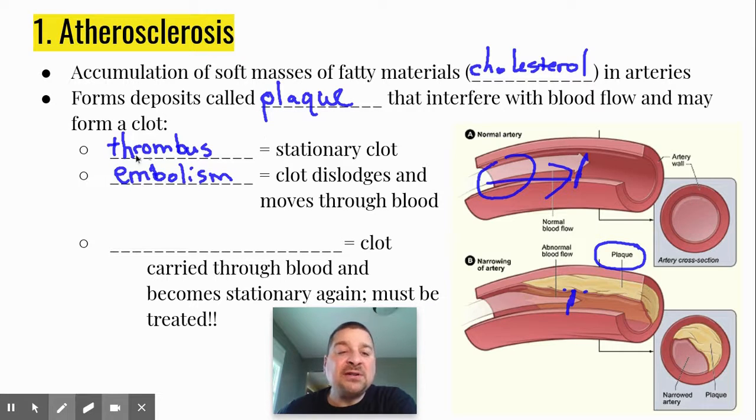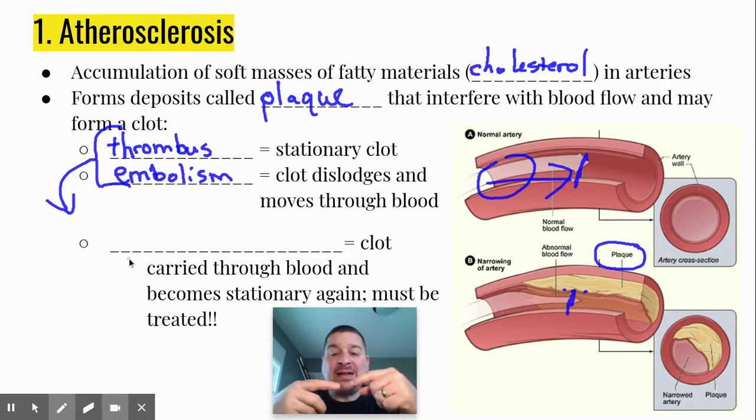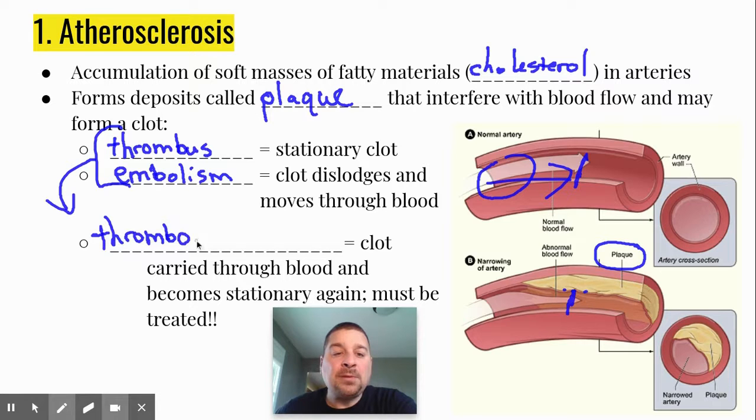And that becomes dangerous because then these two together, when that thing is carried through the blood and gets stuck somewhere else, like in your lungs or your brain, it becomes what we call a thromboembolism. You might hear words like cardiac or pulmonary, something like that, attached to that, or coronary, to show where that clot got stuck.